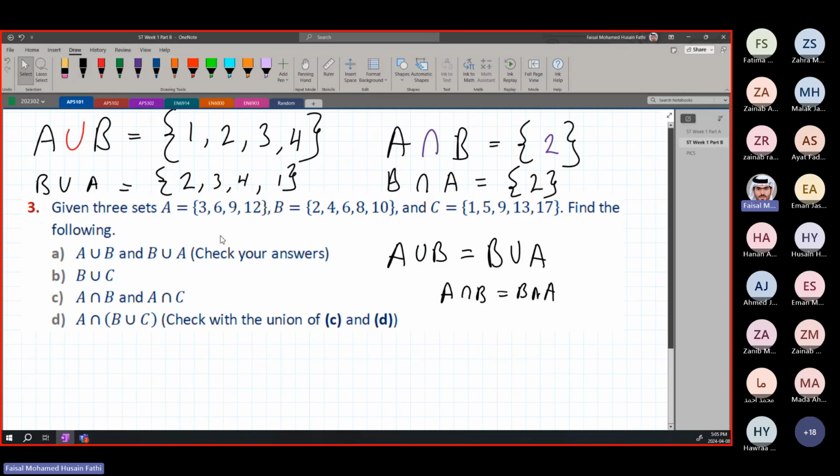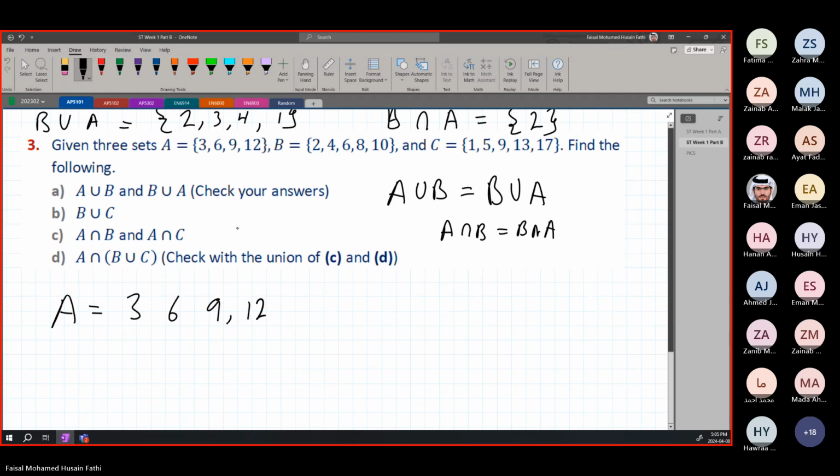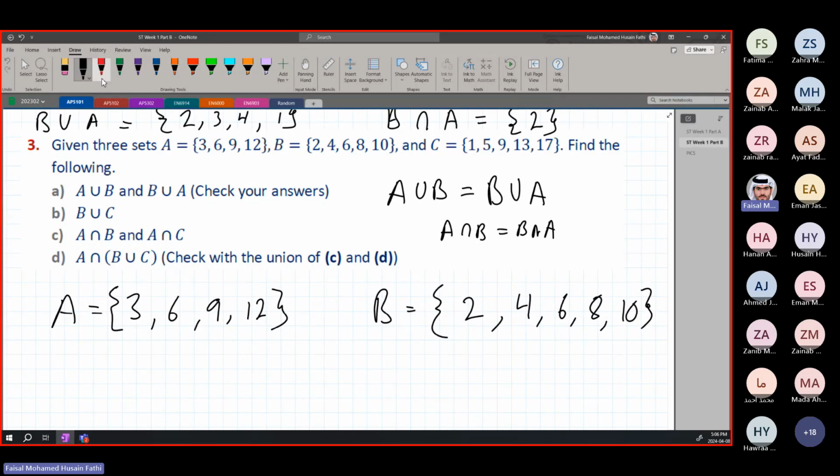Now let's solve A union B. We are given that A is equal to 3, 6, 9, and 12. And B is 2, 4, 6, 8, 10. So we want to find A union B.